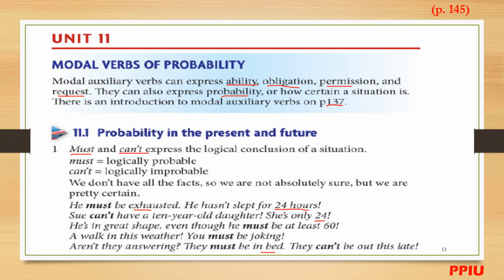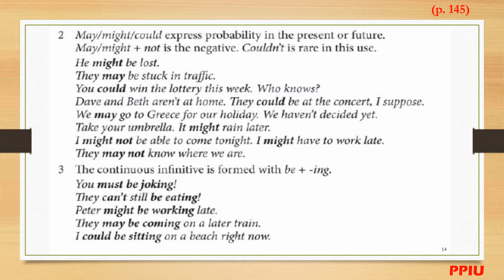So those are the things, I hope you can catch up. Okay, just move to number 2. We just use may, might, could to express probability in the present or the future.